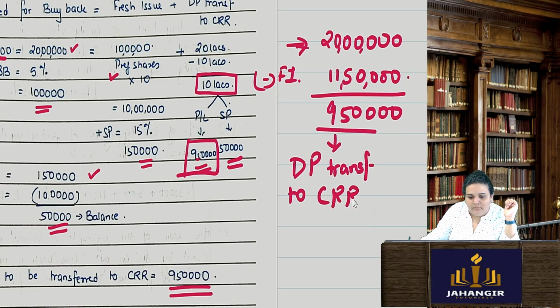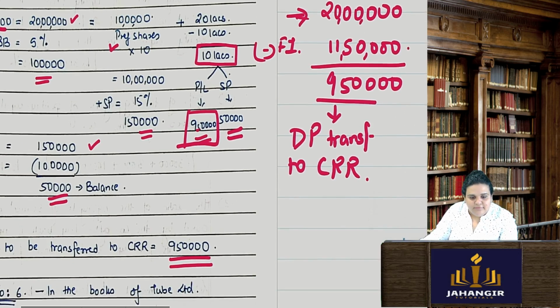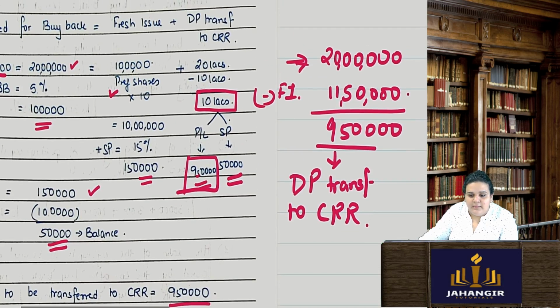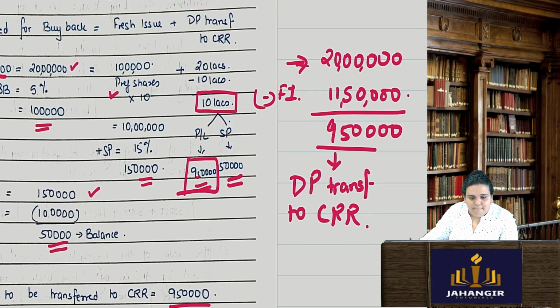Means won't it be 8,50,000? No, it will not be 8,50,000. Okay, when I subtract 11,50,000 from 20 lakhs, yes, it will be 8,50,000. One minute.